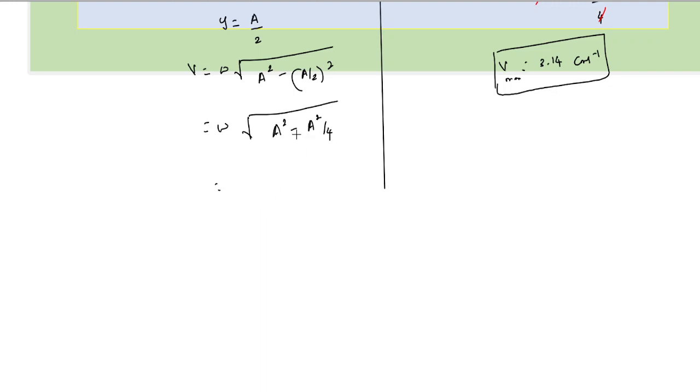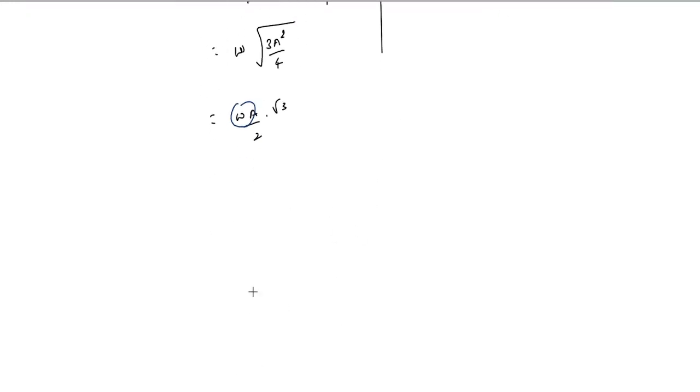If you pull out a square, it becomes omega into 3a square by 4, the whole under root. If you remove the root, what you get here would be omega into a, because root of a square becomes a, and root of 4 becomes 2, into root 3. But omega into a we found earlier, which is 3.14.